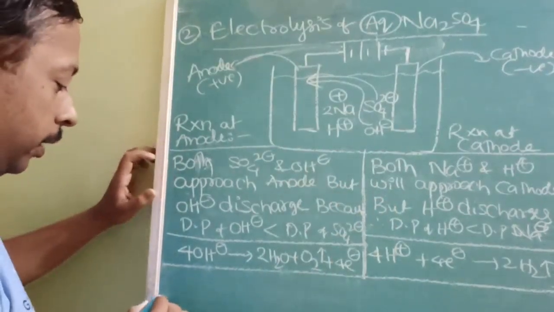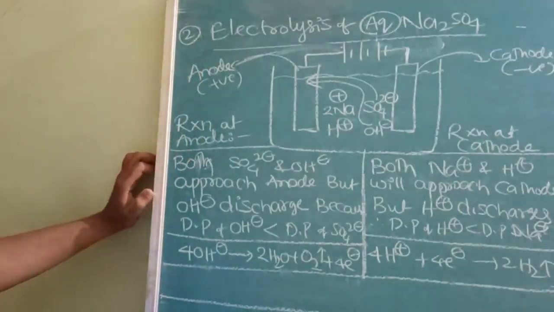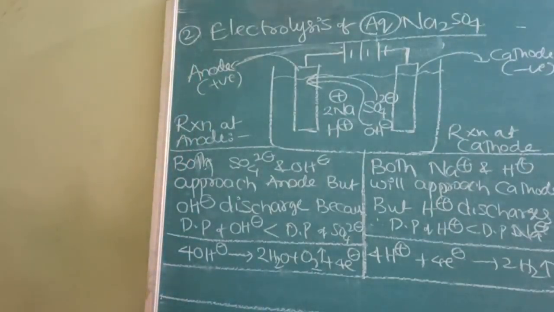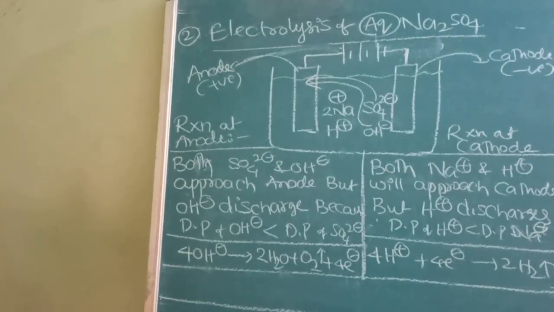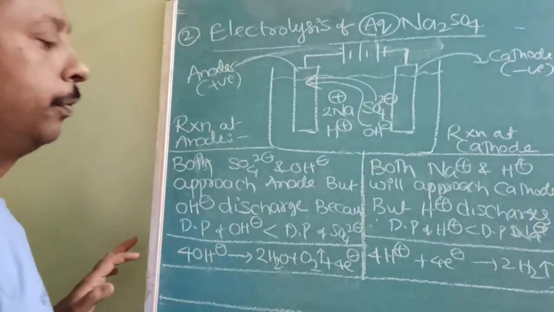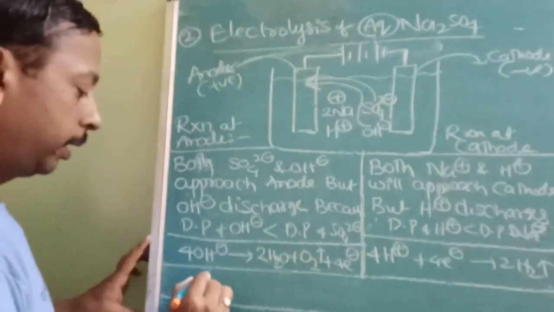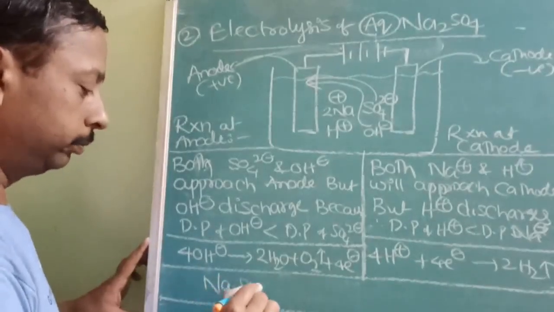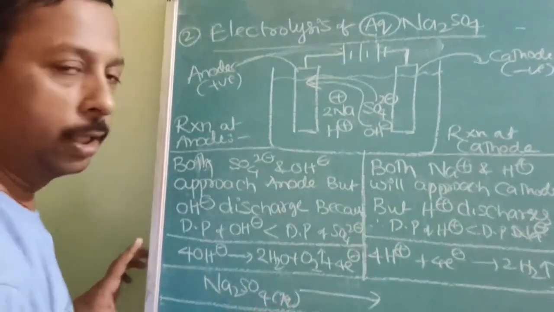So note this down. Now the final reaction, if I write it, will you be able to see this net reaction? Let me see. Okay, wonderful. You can see it here also. So what have I taken? I have taken Na2SO4 aqueous. What have I done? Electrolysis.